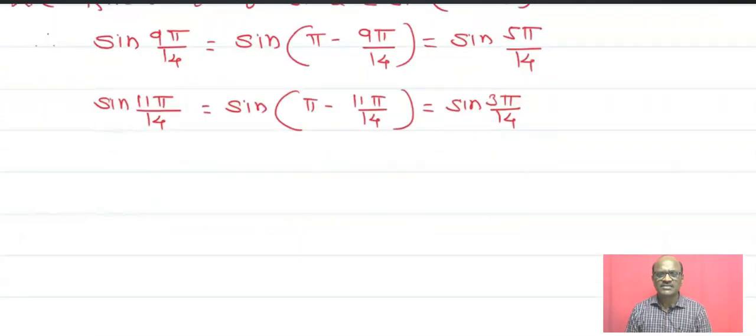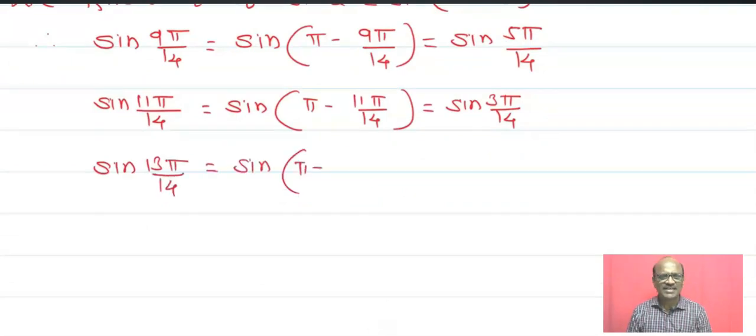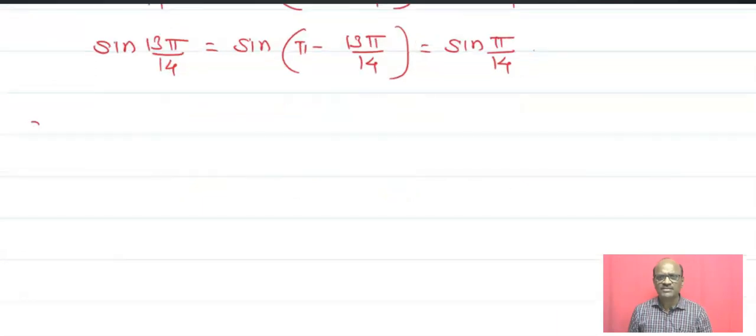Now next, sine of 13 pi by 14 is again written as sine of pi minus 13 pi by 14, and that is equal to sine of pi by 14.